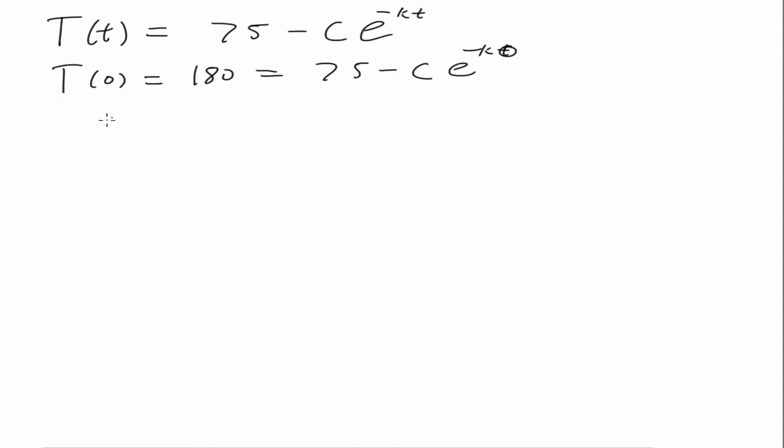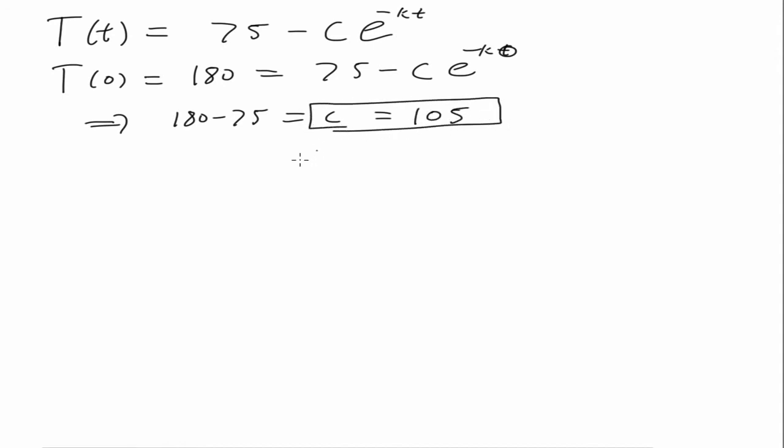Okay, and so then what we get out of it is that 180 minus 75 is equal to C. And that value is, if I'm looking at it correctly, 80 plus 25, so 105. Okay, so that was using one piece of our data.